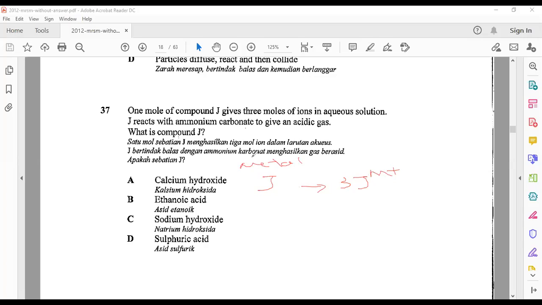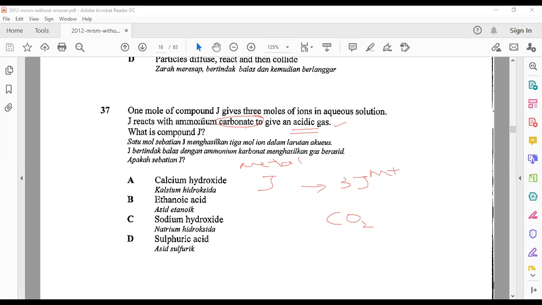Okay, now J reacts with ammonium carbonate to give you an acidic gas. When you see this carbonate, what type of acidic gas will be produced actually? Carbon dioxide. Yes, good. Now, just now, without looking at the second sentence, I said for sure this is metal J. That was without looking at the second sentence.